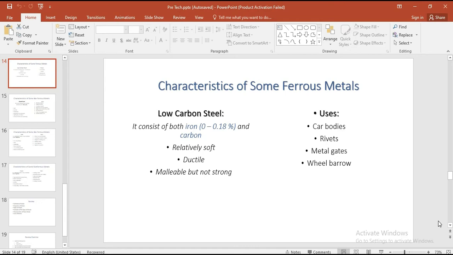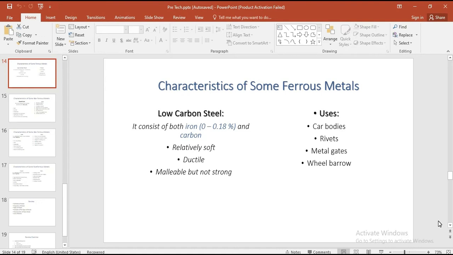Now we move on to some of the characteristics of these ferrous metals. However, we would like to talk about one in this lesson. We will talk about low carbon steel. This is a carbon steel that consists of both iron and carbon. The iron content is high as compared to the carbon.